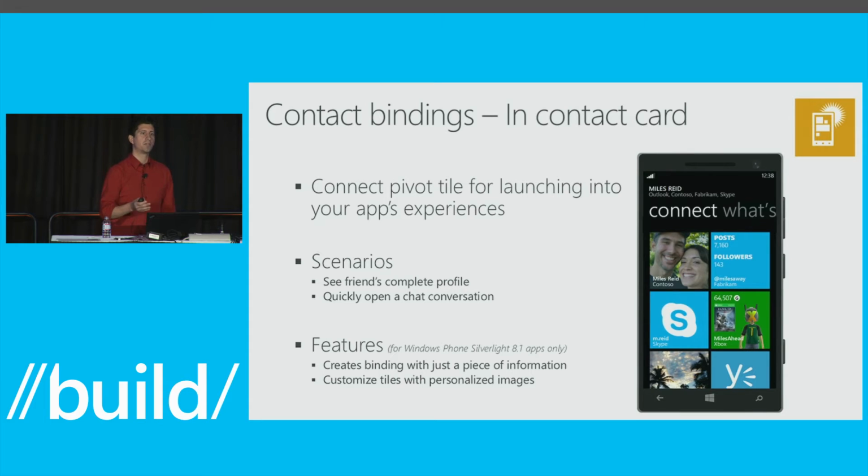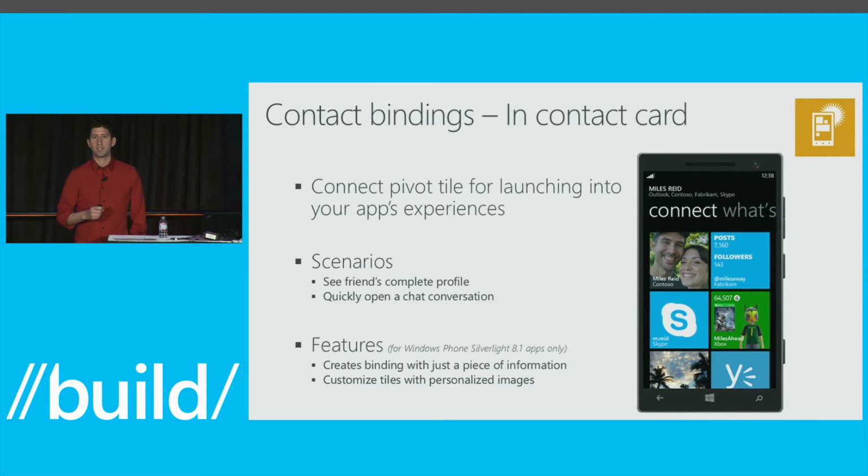There's lots of different opportunities for how you can connect with your contacts depending on what your type of application is. Another great scenario for this is something like Skype, where they can tap on the Connect tile for your application, and we can bring the user directly to the right chat card.